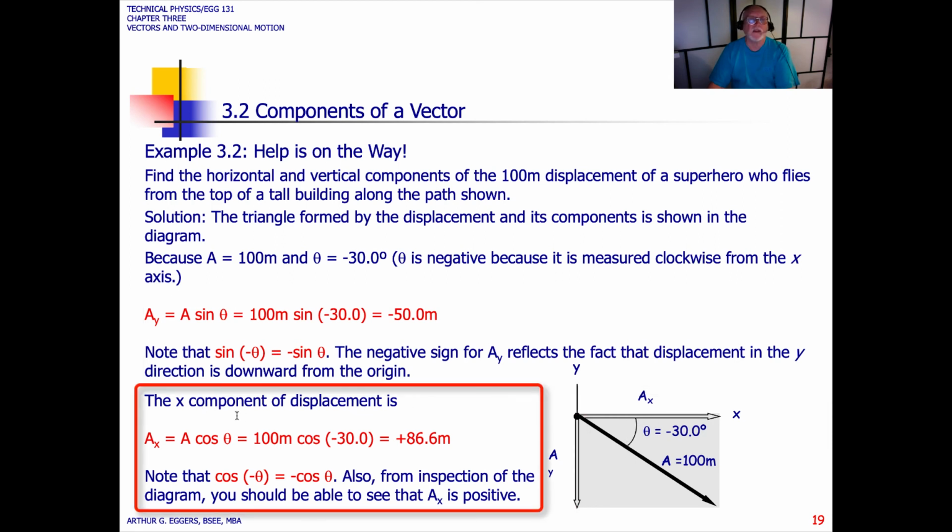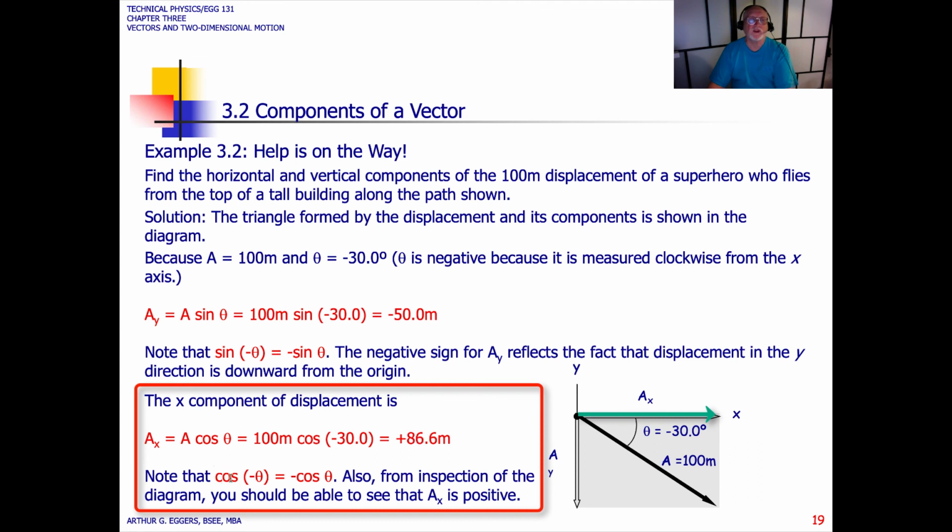Now we look at the component of the x-axis, so the x component. A sub x, again, a cosine theta, with that same 100 meters for a, cosine of minus 30 degrees. Now this gives me a magnitude of positive 86.6.